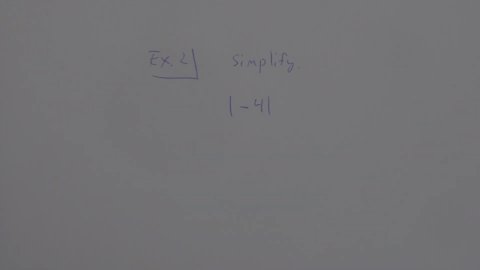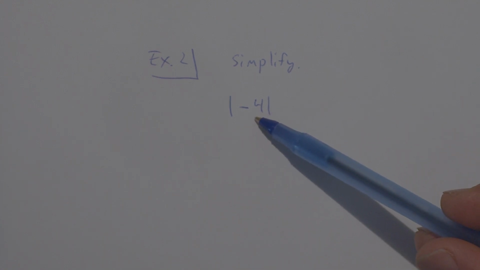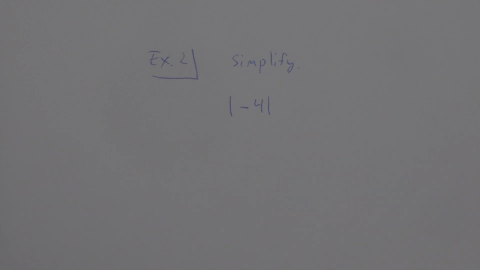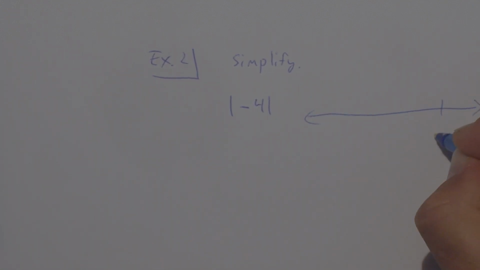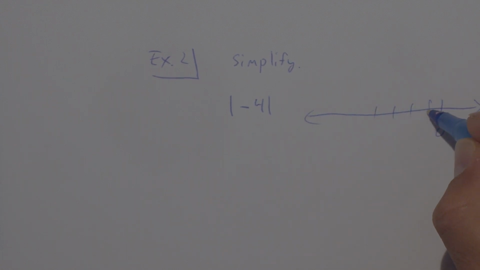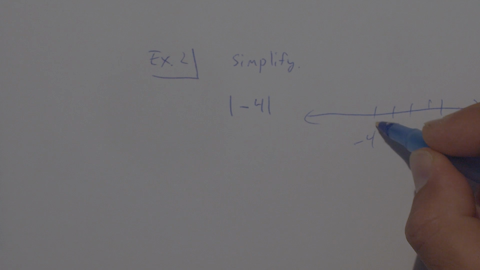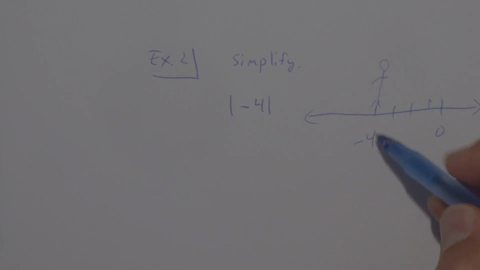Here's another example. Simplify the absolute value of -4. Again, these bars are asking the same question. How far away is -4 from the number 0? We can do the same thing here. Again, you don't have to do this every time. This is just so you can understand a little bit better. 1, 2, 3, 4. So this is at -4. You're standing at -4.